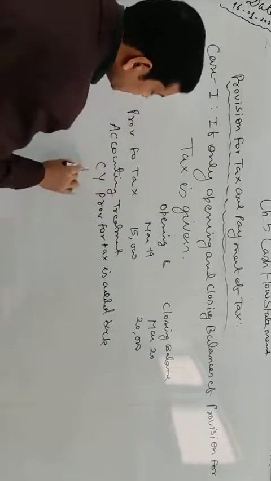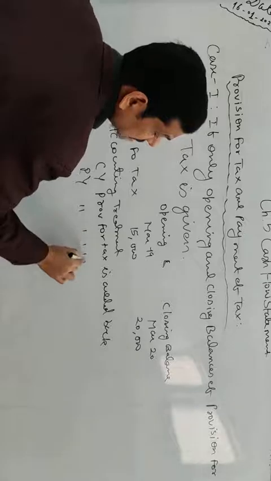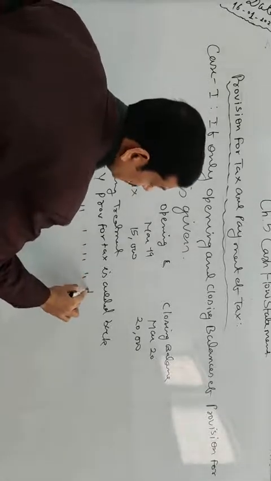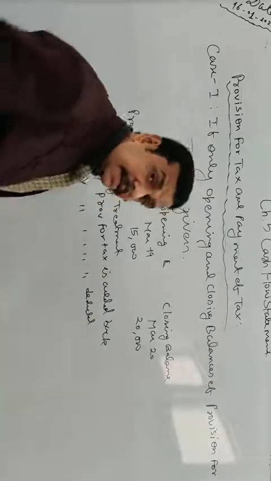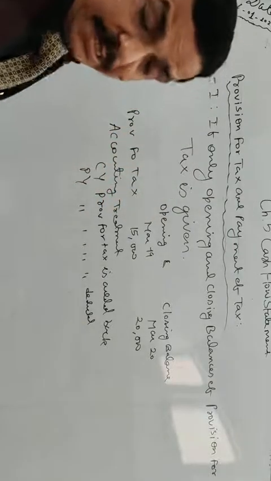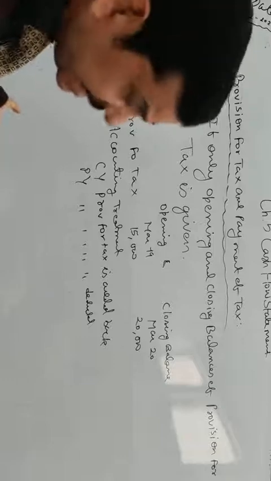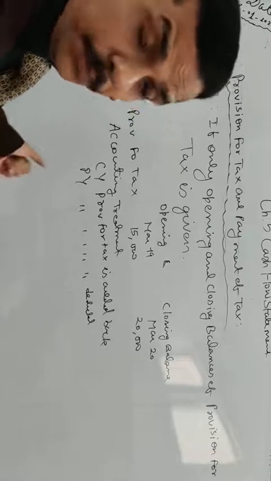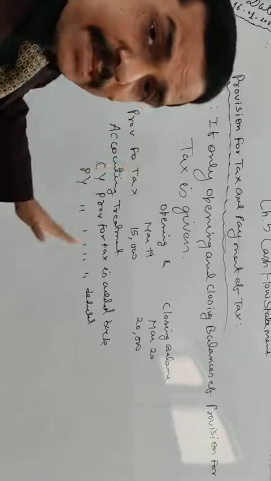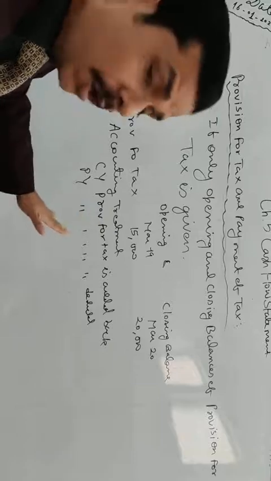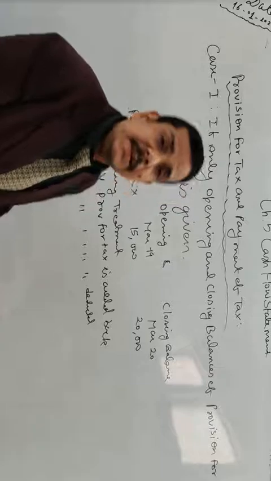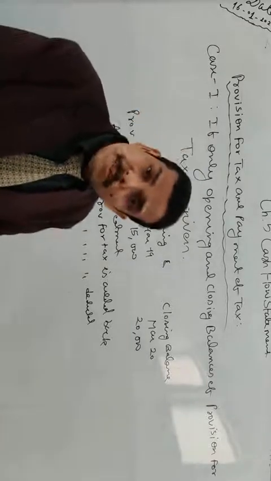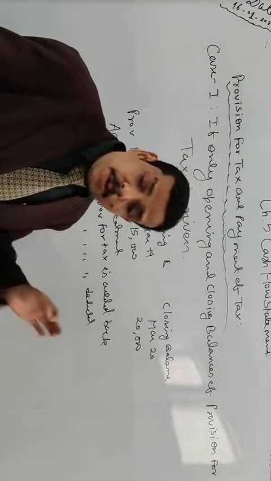And previous year provision for tax is deducted as the last adjustment in your cash flow from operating activities, because after all adjustments what you will get is cash generated from operations, and from cash generated from operations you have to deduct the income tax paid in order to find the amount of net cash flow from operating activities. Clear?